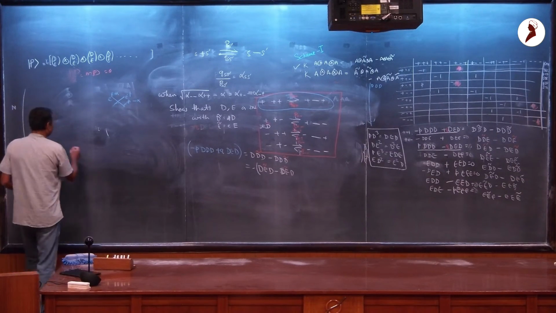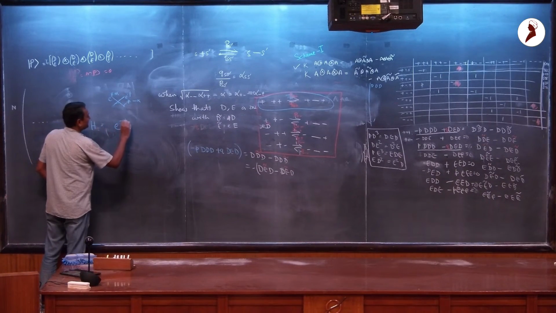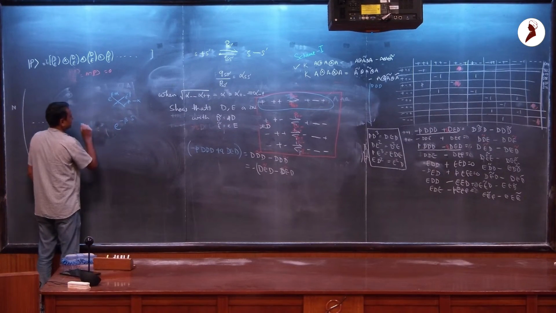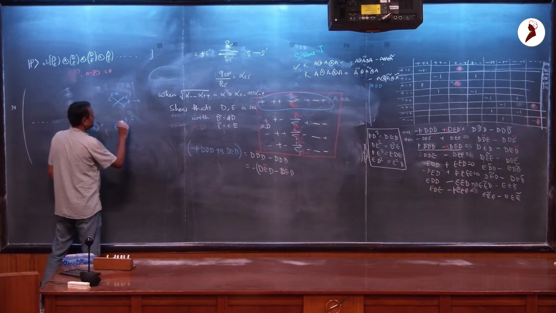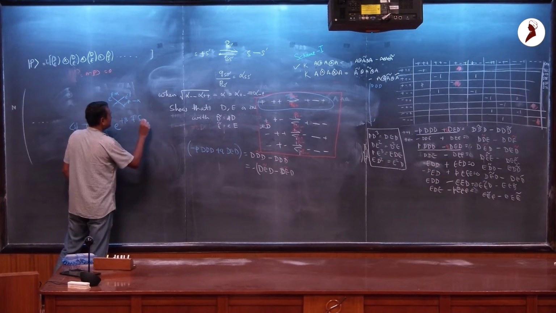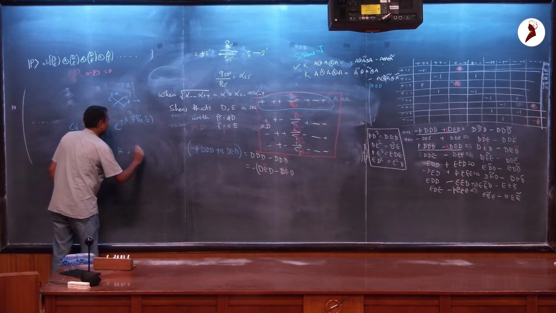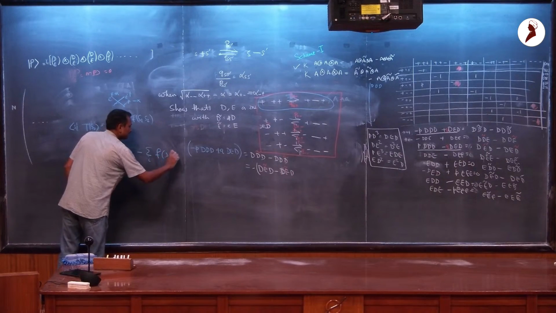Any Ising Hamiltonian can be written with a transfer matrix element e to the power minus beta H, equal to e to the power plus beta f of S1 S2, and H equal to minus summation over i of f of Si, Si plus 1.